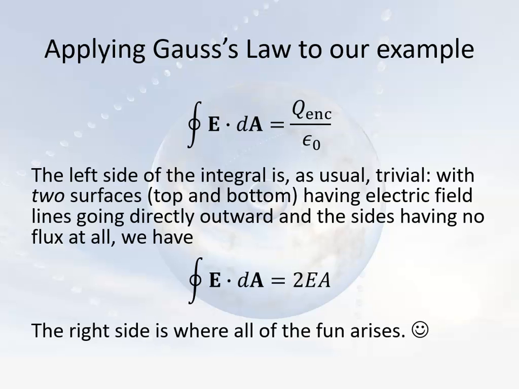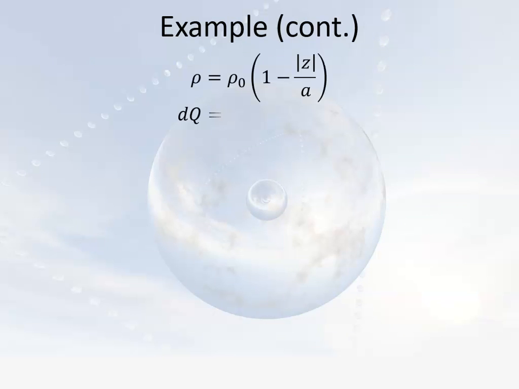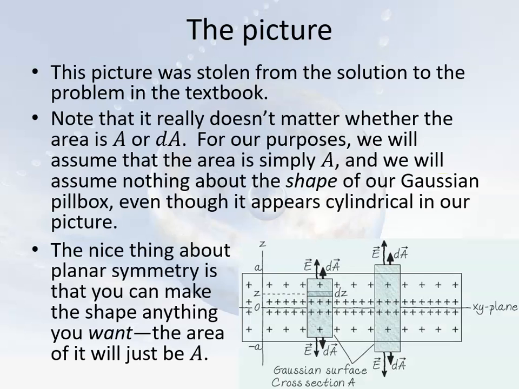Now, as we mentioned, the right side of this is where all of the fun is going to arise. So let's see how that goes. Well, we know what rho is. They told us. Now, how much charge is involved in a little bitty piece of thickness dz? Well, that's going to be given by rho times A times the thickness.